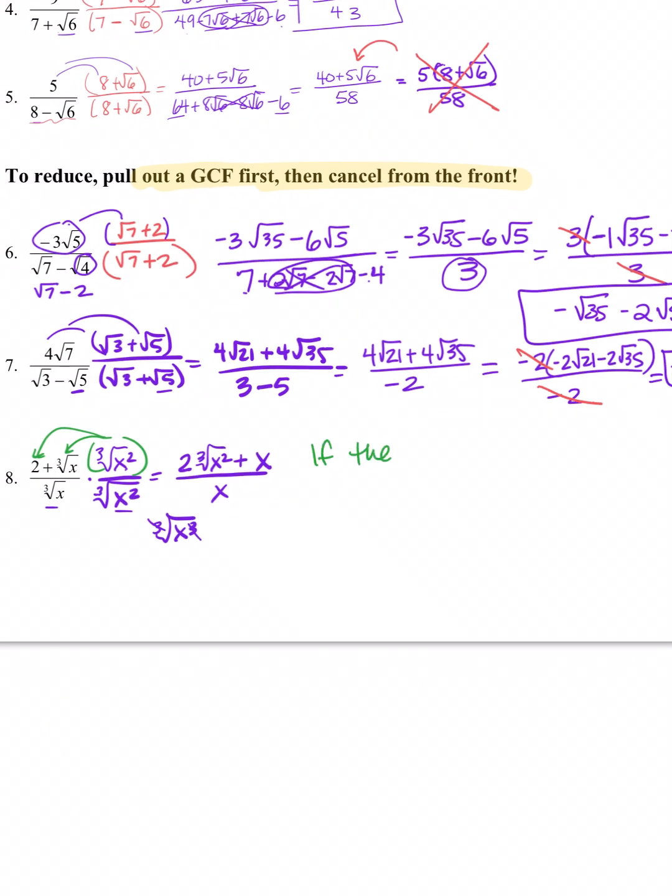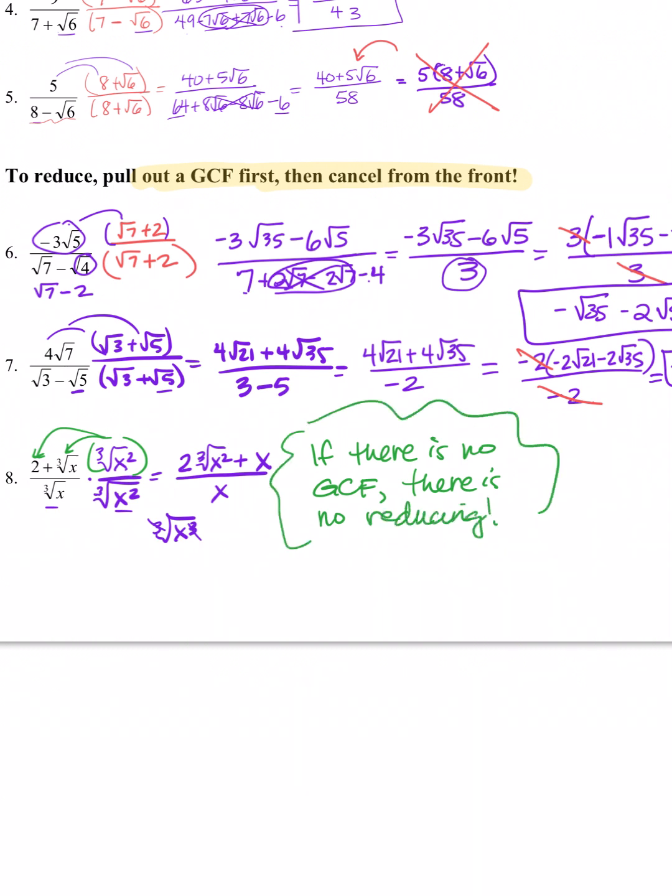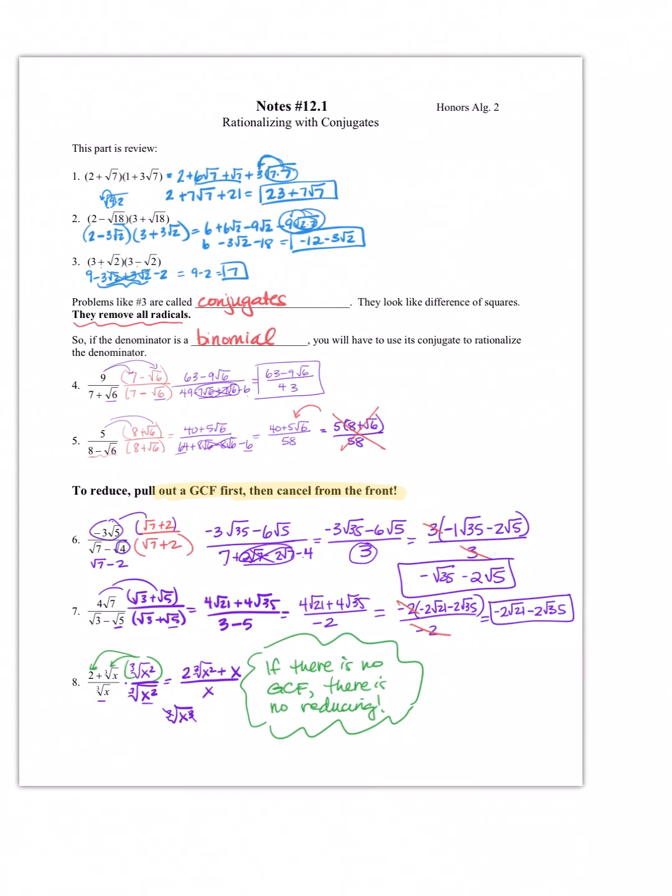If there is no GCF, there is no reducing. Be really careful about that. You want to resist that temptation. And here's the reasoning. This x right here is attached to this first term with that plus sign. You can't cancel parts, all right? Hope this makes some sense, and we will see you in class, and let me know what questions you have.